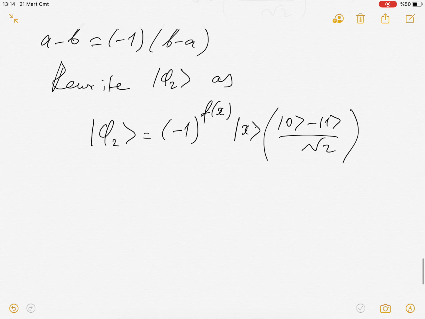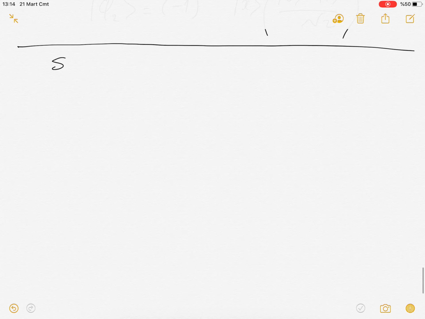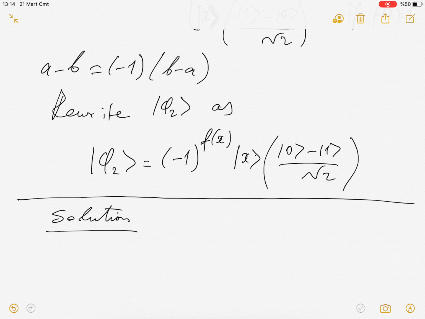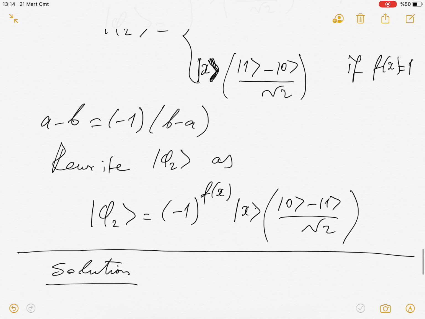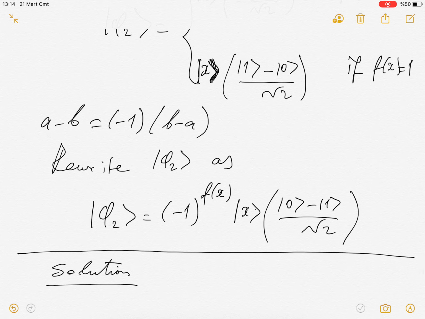All right, so finally I'm going to give the solution. First note that when the second input to the oracle UF is the minus state superposition, then the output of UF shows a kind of kickback characteristic.